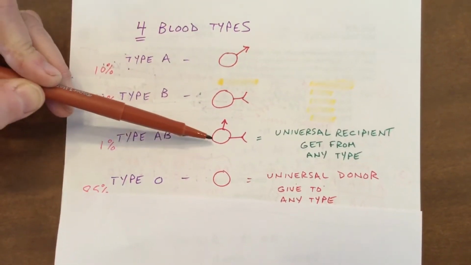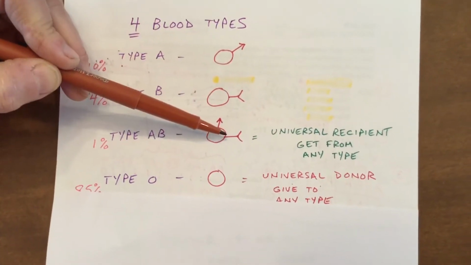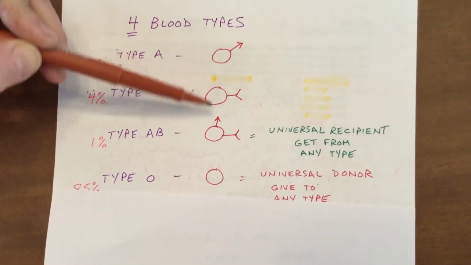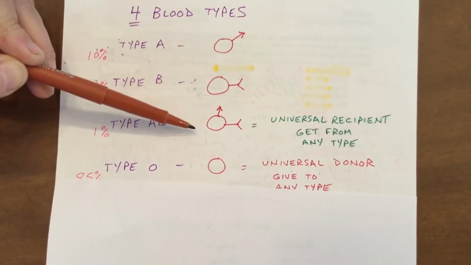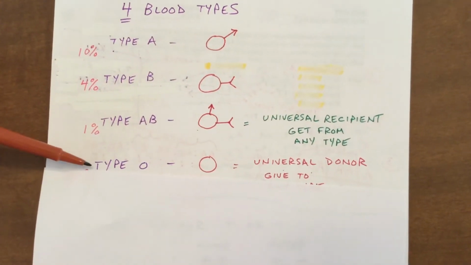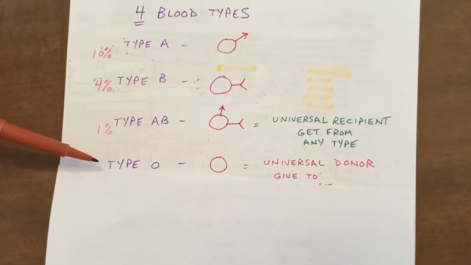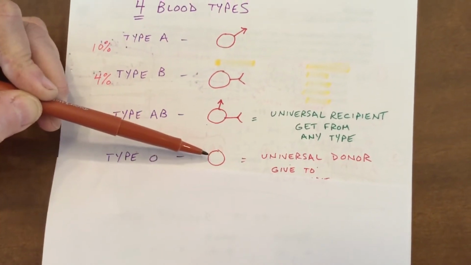When we look at type AB, however, they have both the A protein and the B protein. Because of that, they can receive type A blood, type B blood, and blood from a type AB person. They can also receive from a type O person, because type O does not have any proteins recognized on the outside of the red blood cell.